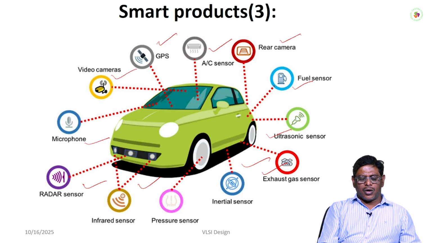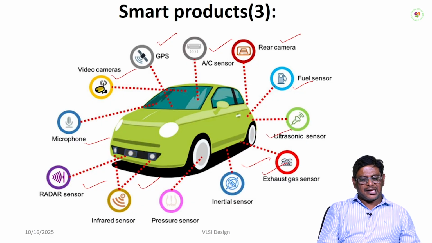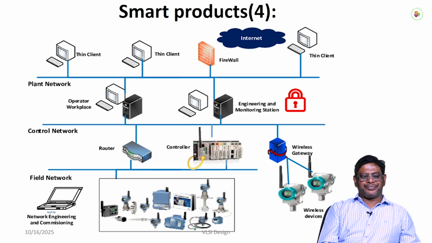These are all integrated together to make a certain product. In order for these different types of sensors and different electronic designs to function, we need an integrated circuit so that we can work perfectly with the system.